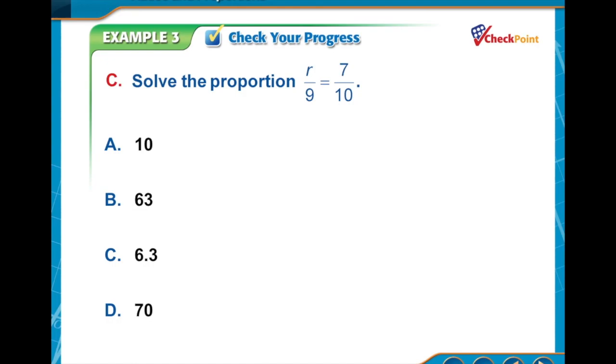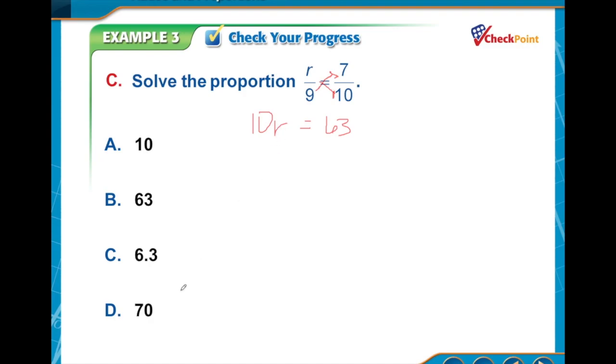So 3c. Here we're asked to solve this proportion. So we'll do the same process as the last one. The first thing we need to do, multiply across. So r times 10 is just 10r, equals 9 times 7, which we know is 63.